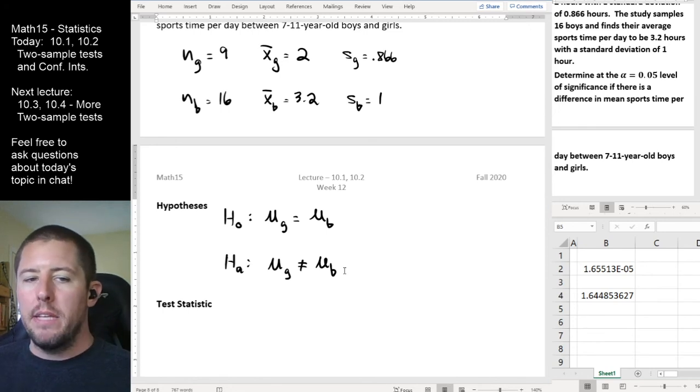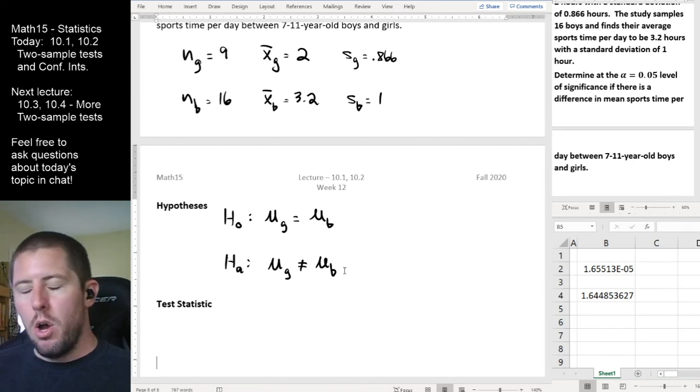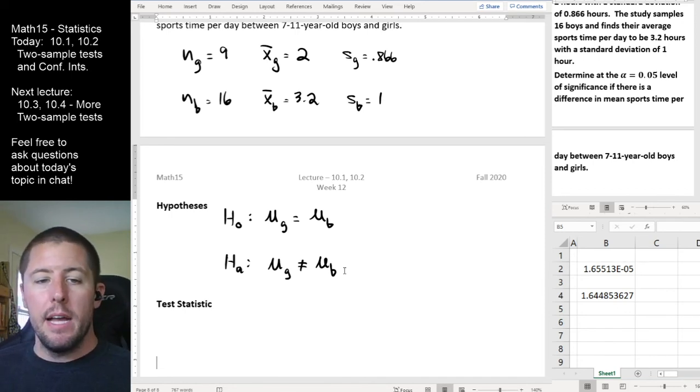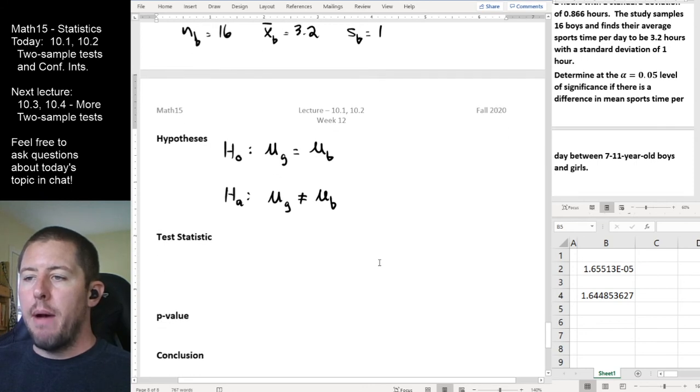This should only be based on the verbal setup, where I see things like determine if there is a difference in mean sports time per day. That's the only information that's relevant to my hypotheses because it has nothing to do with the sample data. So I'm looking at a not equal to here because in my scenario, I never saw a suggestion that we believed that one group would have a greater or lesser average time than the other group. So we've got our null and alternative hypotheses.